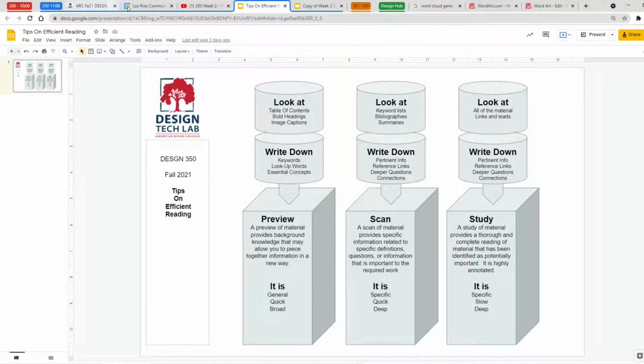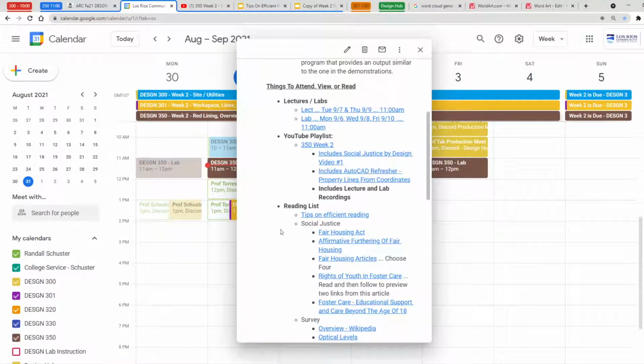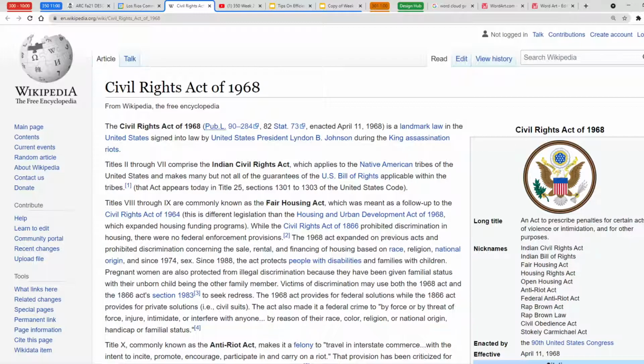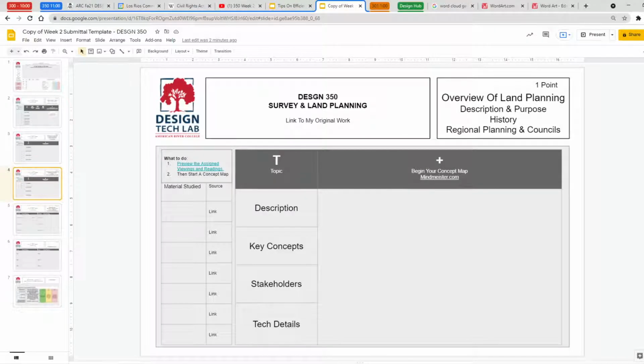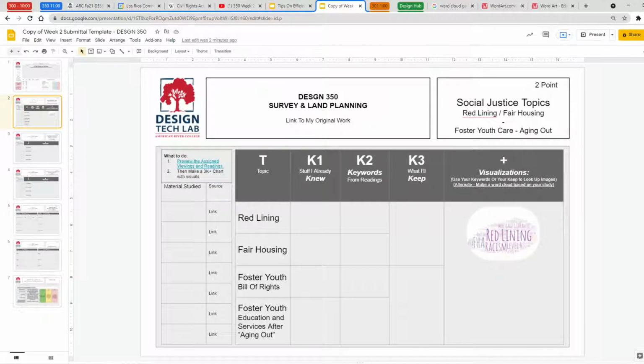So let me take one of these and look at it. Let me take this Fair Housing Act one. So it's part of the Civil Rights Act. So I would write that down, Civil Rights Act. Well, I'm going to skip what I already knew.